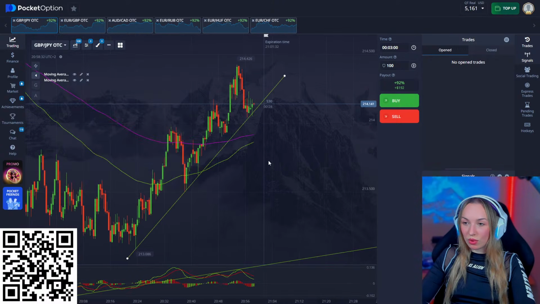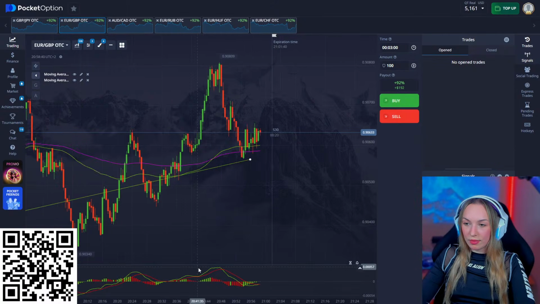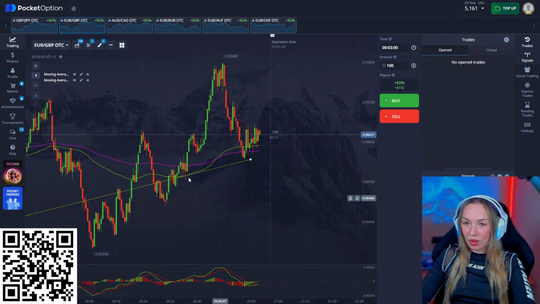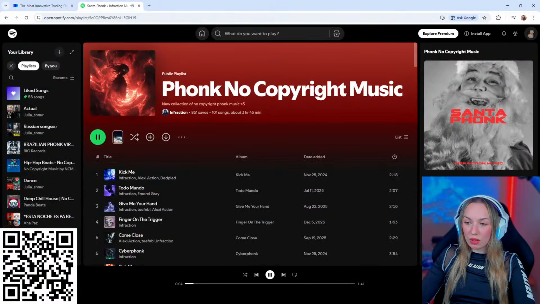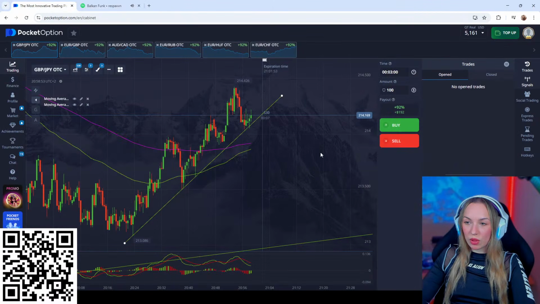It's in the upward trend. This one is about to cross, Euro GBP and GBP JPY.